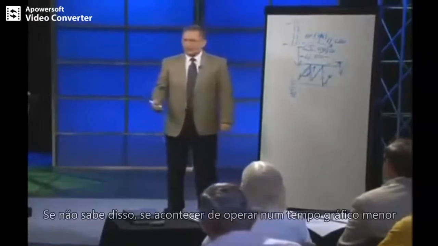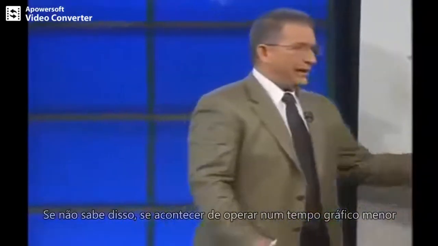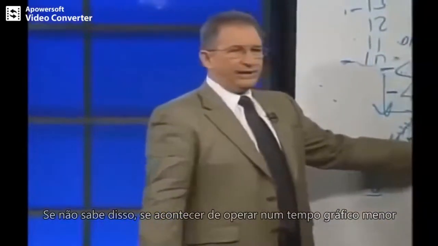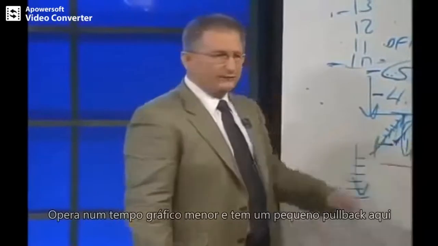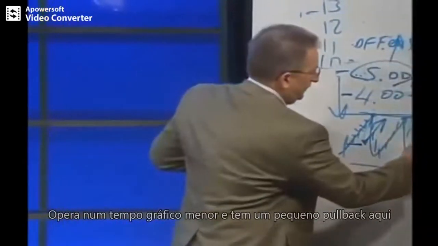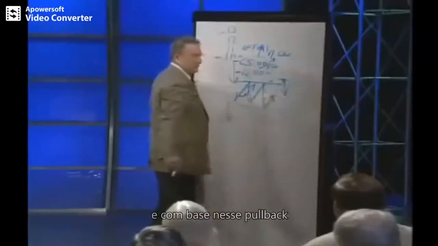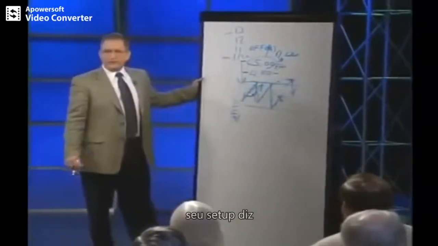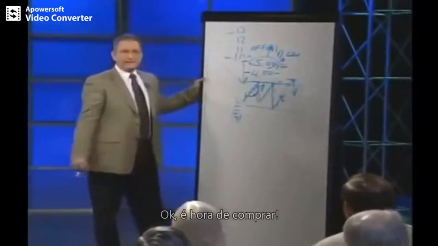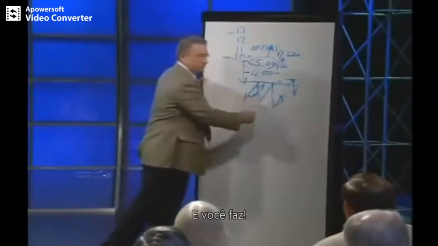But if you don't know that, somehow or another, if you're trading on a smaller time frame, and you get a little pullback right here, okay? And based on that pullback, your methodology says, okay, it's time to buy. And you do.